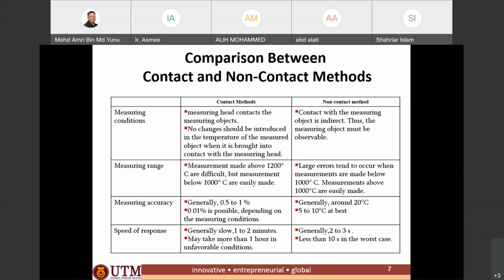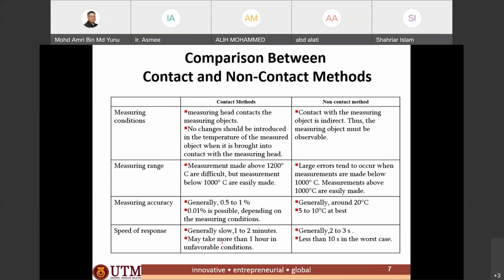So it takes 1 or 2 minutes or so. So for contact method, basically we need to give some time for the measurement to reach its final value. We cannot immediately take measurement for contact methods.